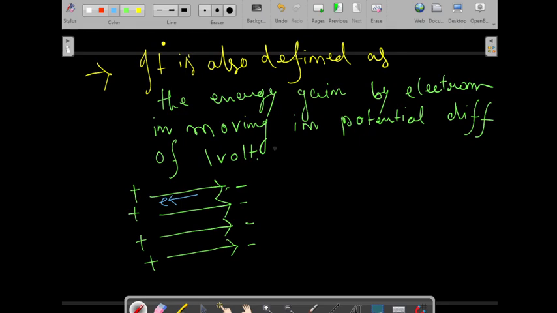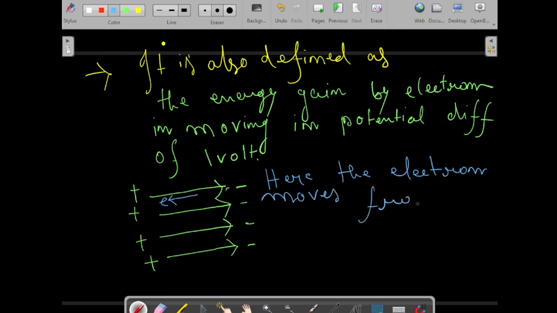The electron moves from negative to positive.